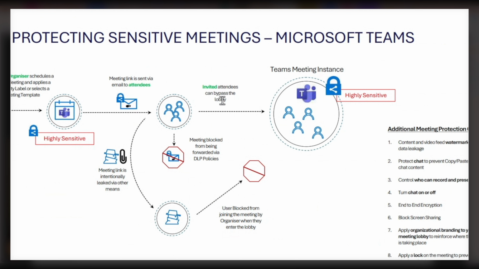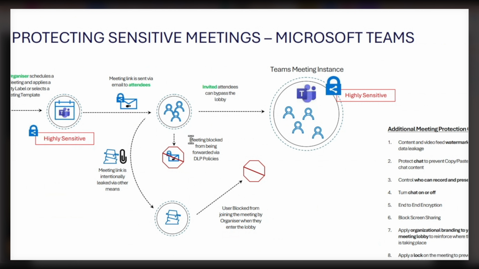That's great. Fairly straightforward, fairly typical of a Teams meeting, how you would invite and control access. But what happens, for example, if we've got a bad guy down here on the left-hand side, or even an insider who is trying to leak the join coordinates for a specific meeting?